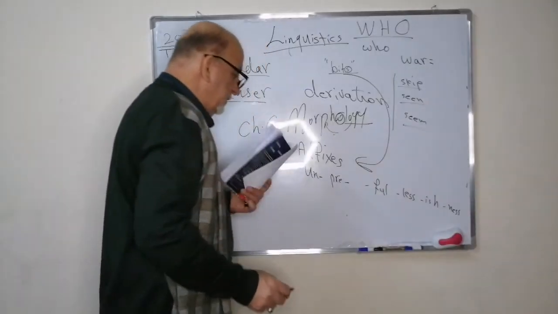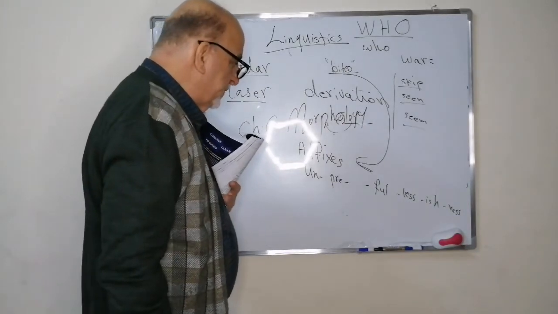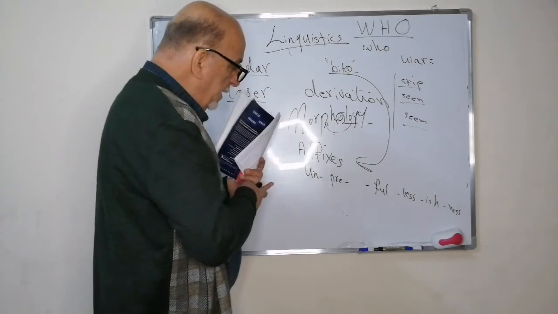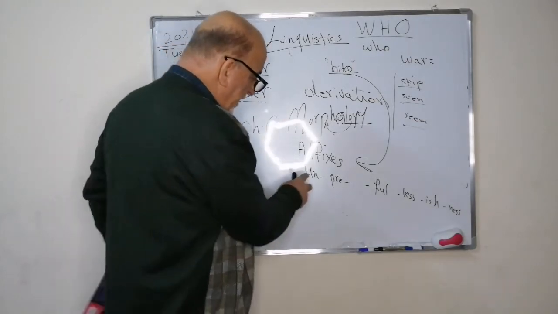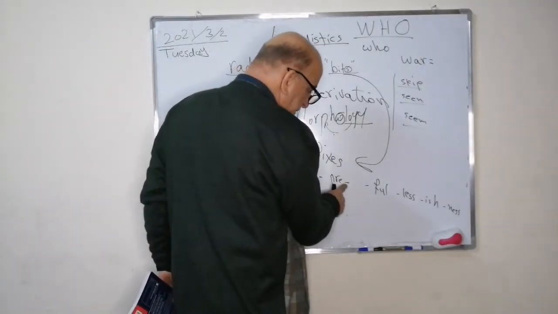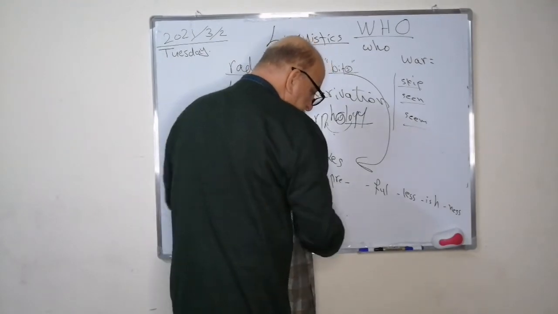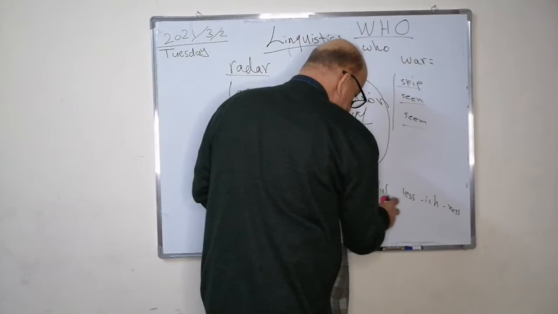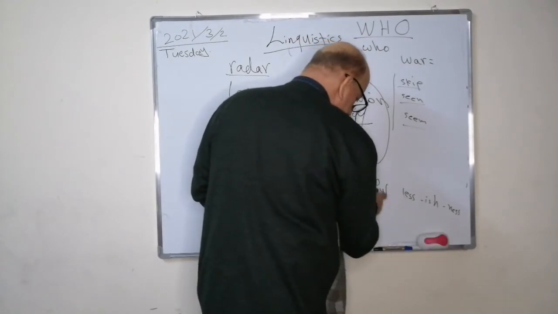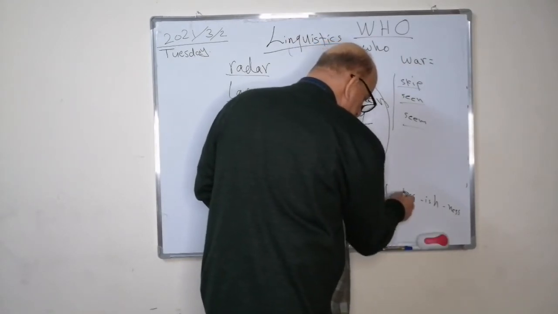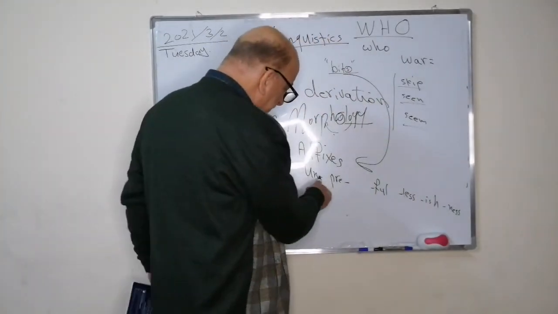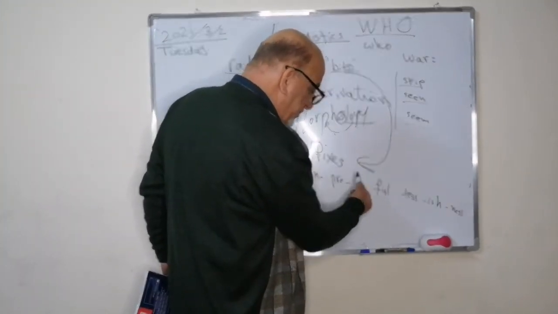Now, here there is something. What is it? This is a hyphen, and this is a hyphen. This is also a hyphen. What does this hyphen after or hyphen before mean?